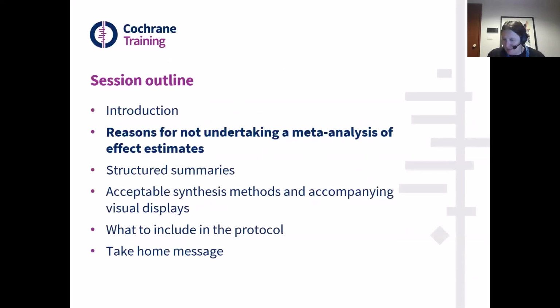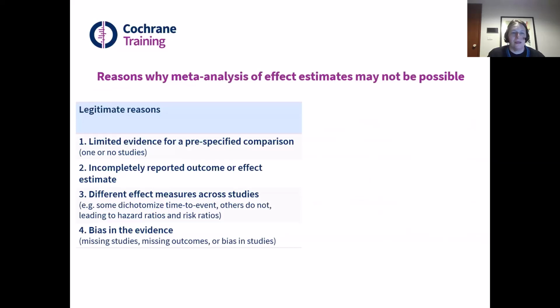Okay, so what are the reasons for not undertaking a meta-analysis? Well, there are a set of legitimate reasons. Sometimes you can have limited evidence for a pre-specified comparison, so it can be a very new area, for example, and there might only be one or no studies that actually examine the effects of a particular intervention. It could be that there's incompletely reported outcomes or effects estimates.